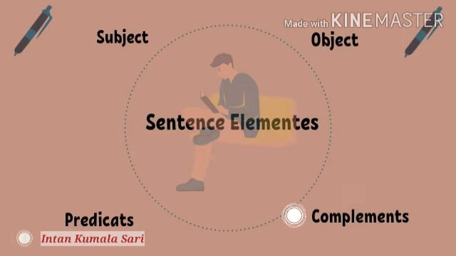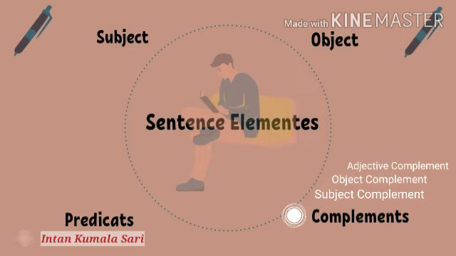There are four kinds of complements. The first one is subject complements, and the next object complements, and the next adjective complements, and the next verb complements, and the last is adverbials.